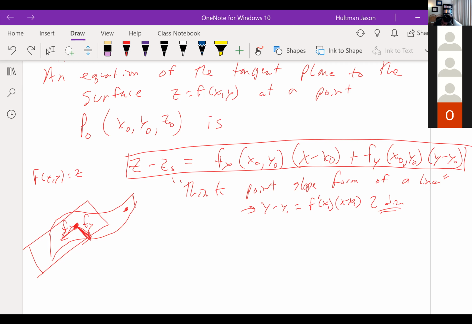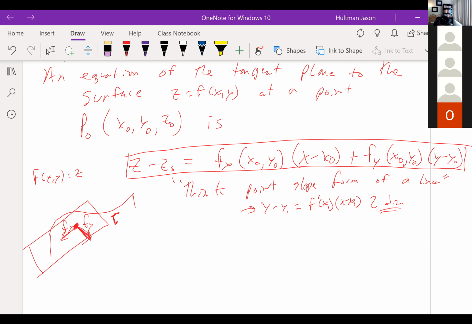Not parallel to the x-axis. So let's say that the 2 points were right here and right here, right? So in the x-axis, I would have had a net change, and in the y-axis, I would have had a net change.